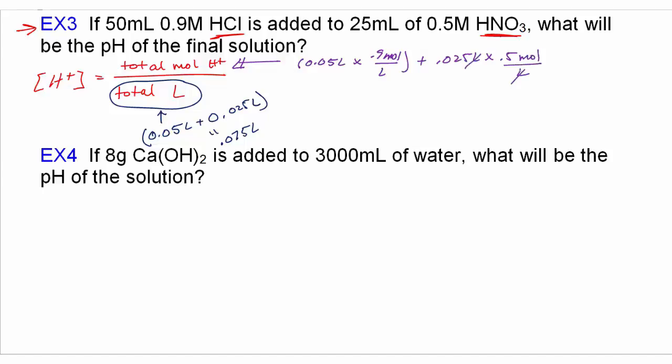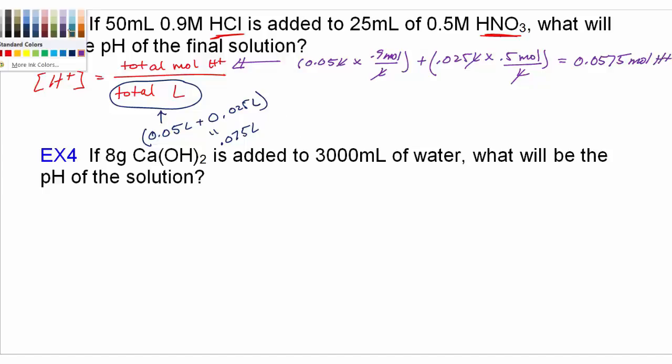See, my liters cancel. 0.05 times 0.9 plus 0.025 times 0.5, about 0.0575 moles of hydrogen ion.